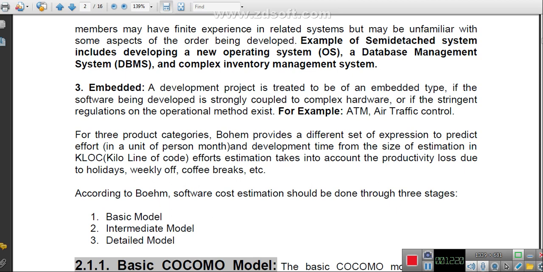You have to develop this project at the customer site only. This is the embedded system, and this type of project is very complex. It is not so easy. And the KLOC of this type of project is above 300. If your KLOC is above 300, then you can say it is an embedded type.